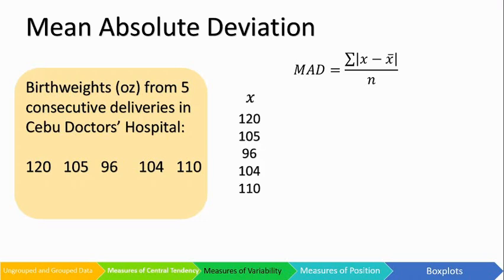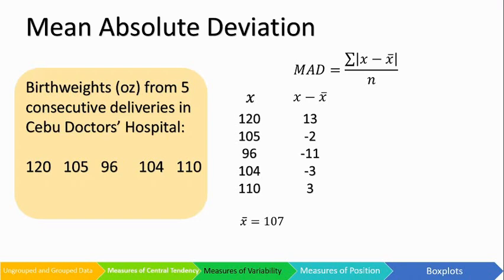We put all the observations in one column, find its mean, which in this case is 107. So we have 120 minus 107 is 13. 105 minus 107 is negative 2. And we can do the same to the rest of the data points.